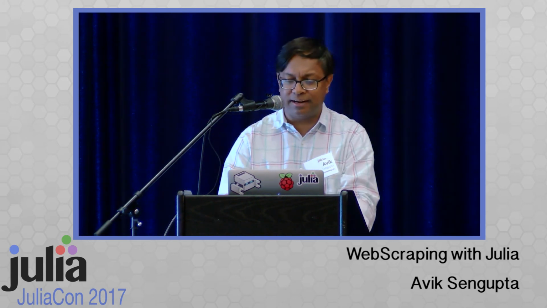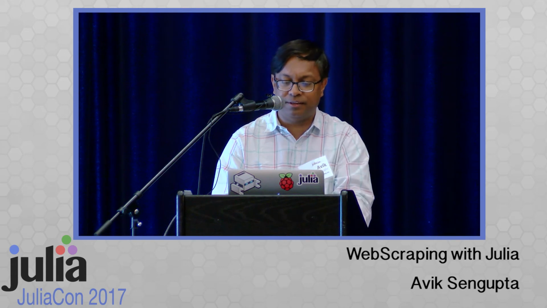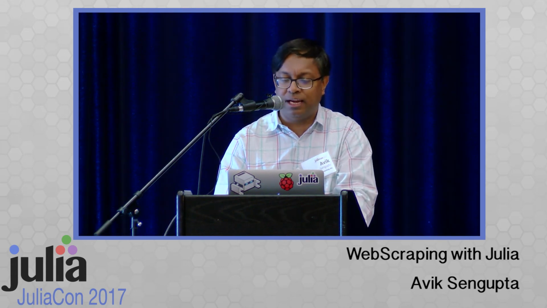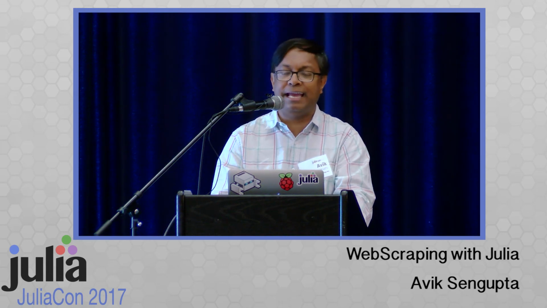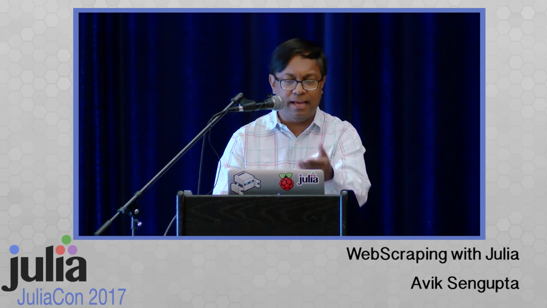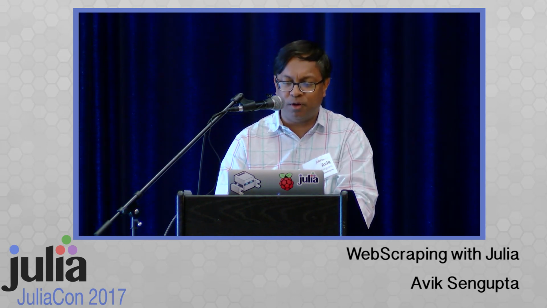From this element, I can extract the link. So I get the first element, and then I get the attribute called href. That returns the link. And then that's a relative link, so I add a base URL, and I get the new link, right, which I have just extracted from the previous page. And that returns me this response.